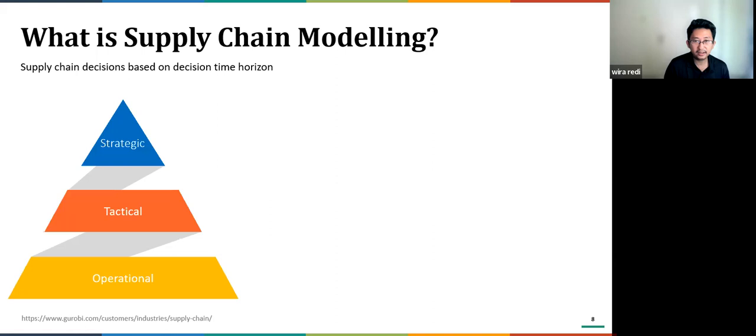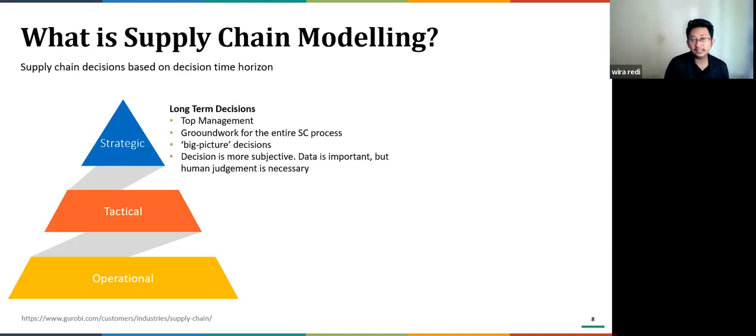I try to illustrate it in a pyramid perspective, because if you plot the number, strategic, tactical, and operational decisions, the number of strategic decisions will be less than tactical decisions, which will be less than the operational decisions, and so on. That's why I use a pyramid as the representative.